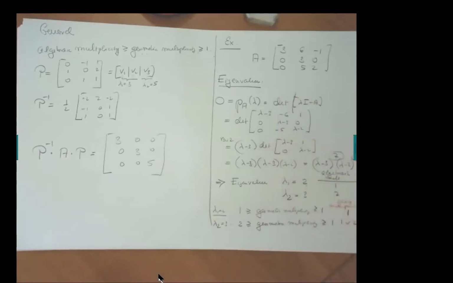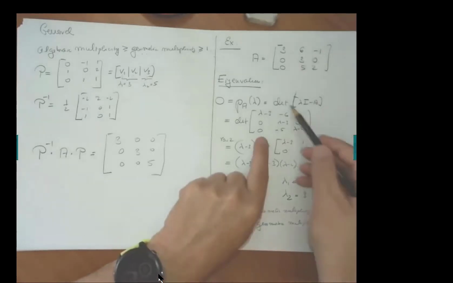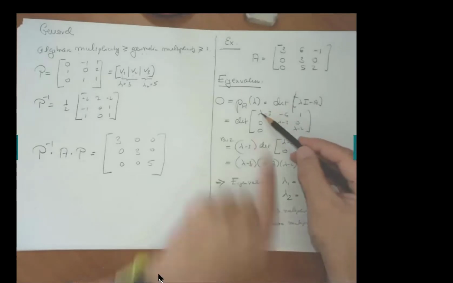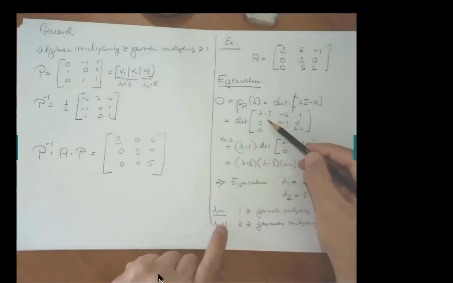Okay, so how do we find the geometric multiplicity? We find the eigenspace and see how big the basis is. Okay, again, I need to go to another paper. So this is our matrix. This is always what I take, and now I plug in for lambda 2 and I plug in for lambda 3 and then solve equal to 0.